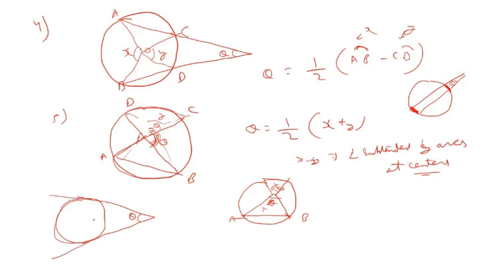The bigger arc will be this one, the smaller arc will be this one, but again the same formula. Obviously, tangents cannot meet inside, so that scenario will not be possible. But this scenario will still have half of X minus Y. X is the angle subtended by the bigger arc at the center, and Y will be the angle subtended by this one at the center. So it's just a boundary case of the second theorem.